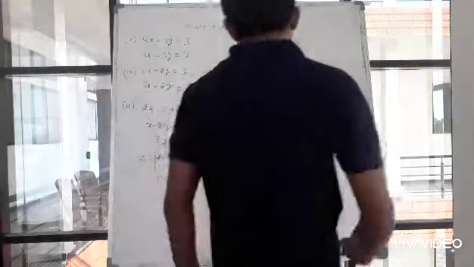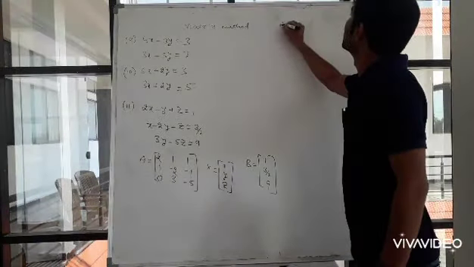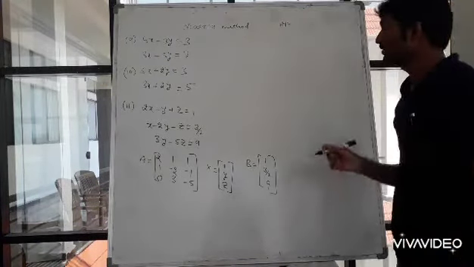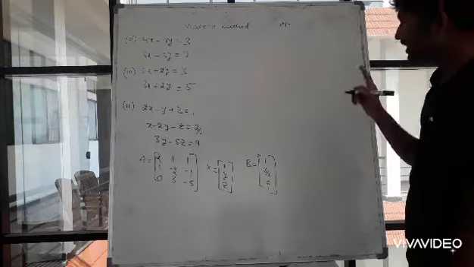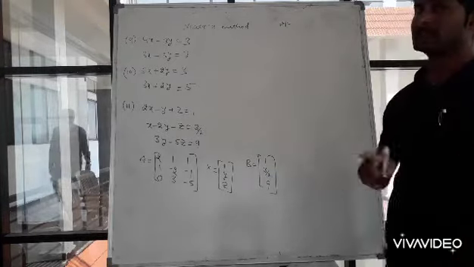Next, determinant of A. Check whether determinant of A is equal to 0 or not equal to 0. If it is not equal to 0, then A inverse exists.